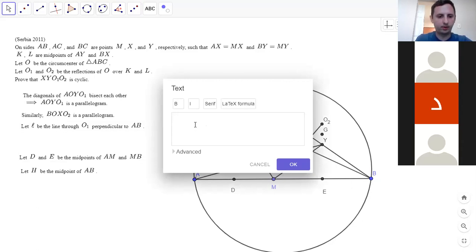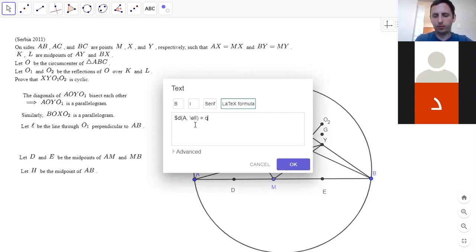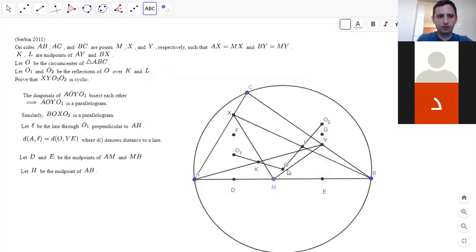So we would have the distance from O to the line YE, where this denotes distance to a line.